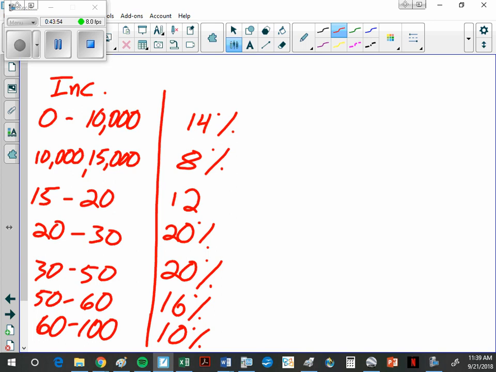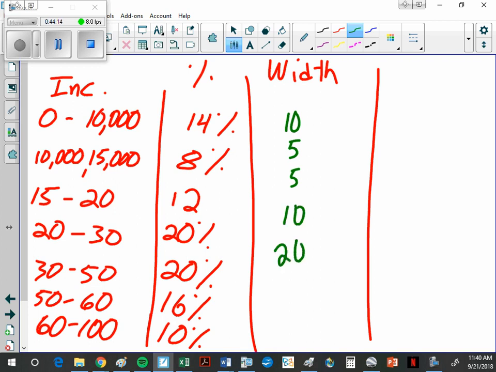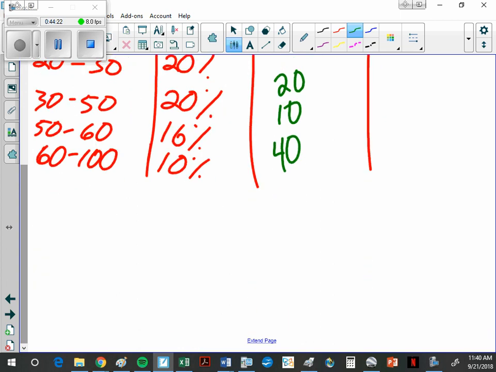Well, we need to figure out how wide each interval is. So this is percent, and this is width. How wide is the first interval? 10,000. And then 5, 5, 10, 20, 10, and 40. Okay? So I'm going to start drawing my histogram.